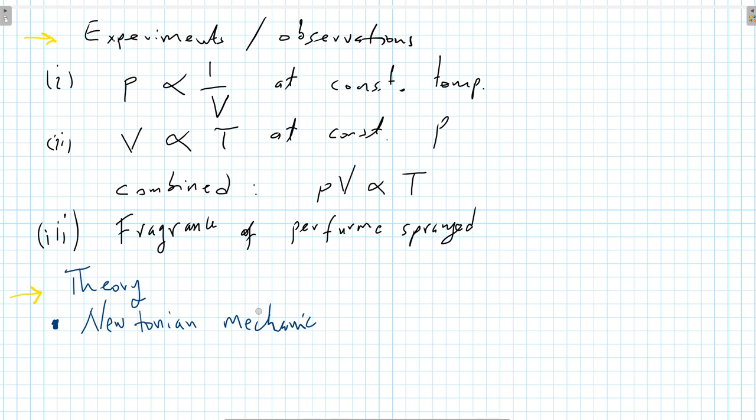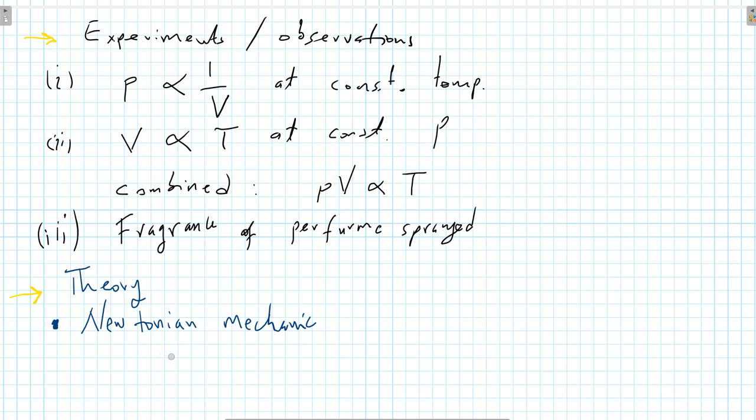One can imagine that it's not straightforward to get these three listed observations straight away from Newtonian mechanics, but we're going to see that.